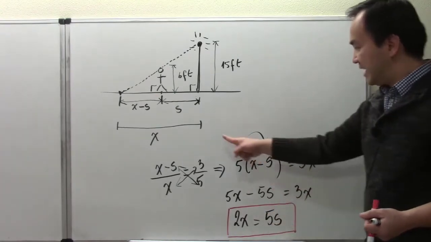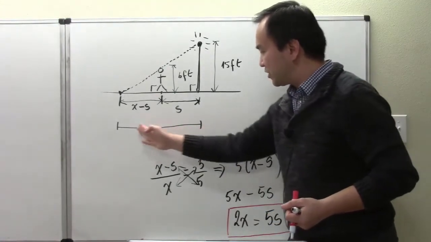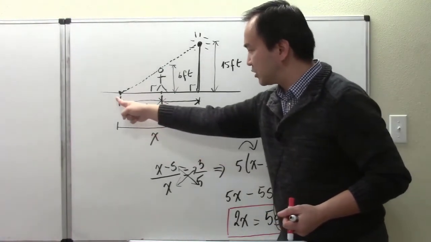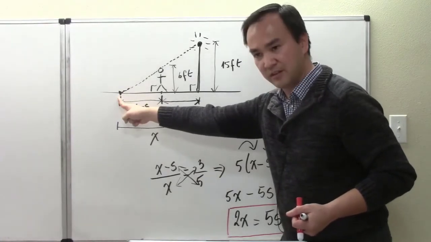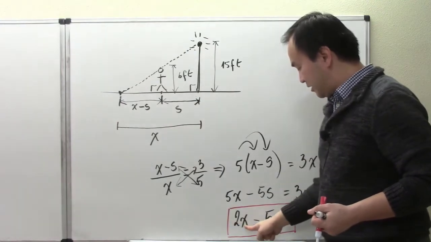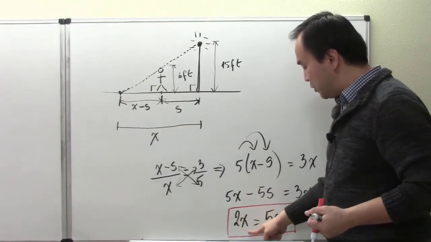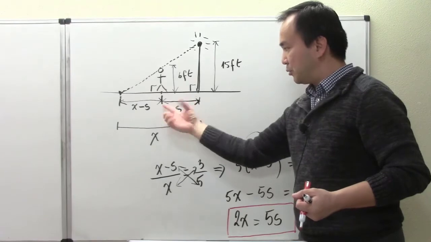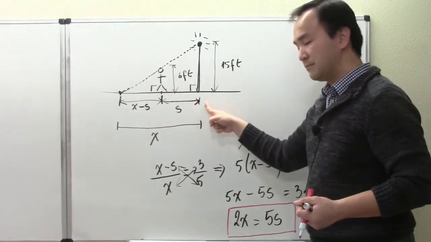I use x as the variable representing the total distance from the tip of the woman's shadow back to the base of the pole. That's x. So my relationship is saying that 2x equals 5s. s is the position of the woman back to the pole.